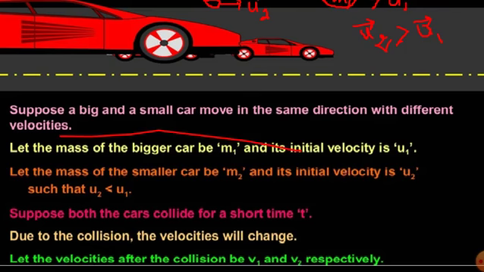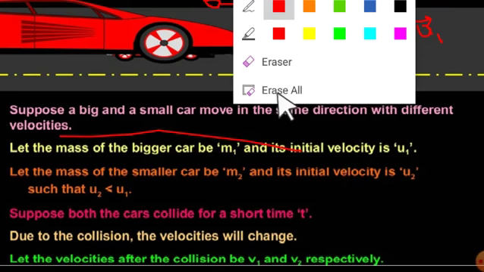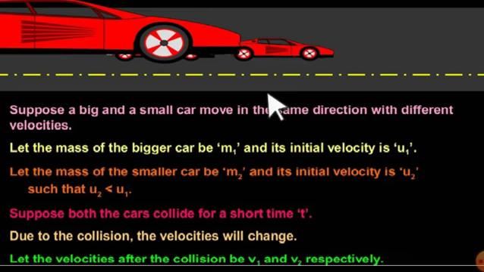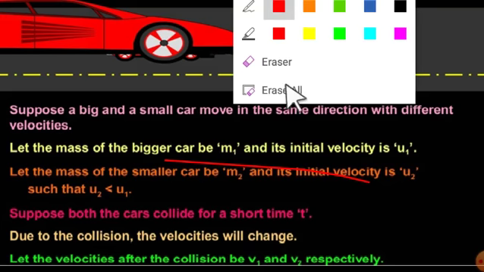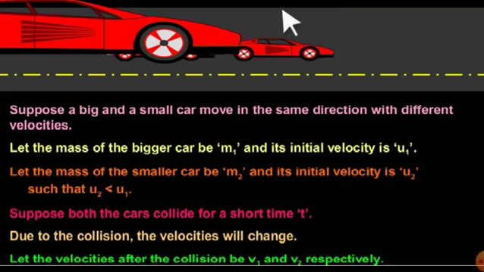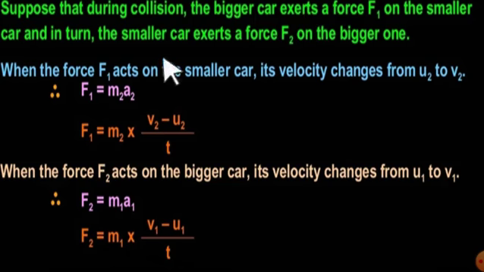Now let's see in the next slide the momentum, the sum of the momentum before collision and the sum of the momentum after collision, right? Suppose that during the collision, the bigger car exerts a force F1 onto the smaller car.